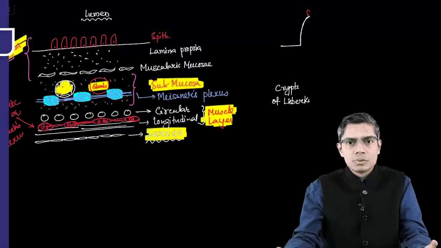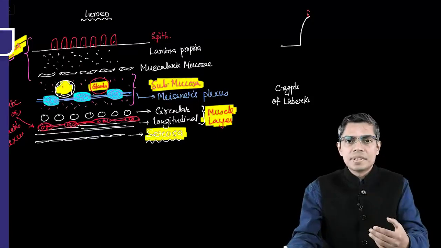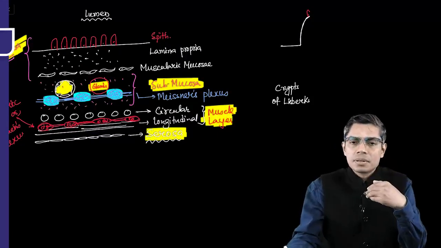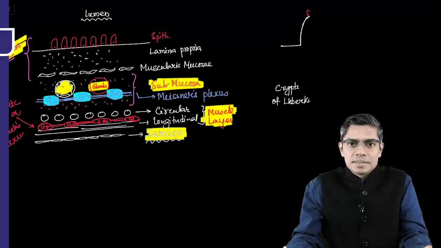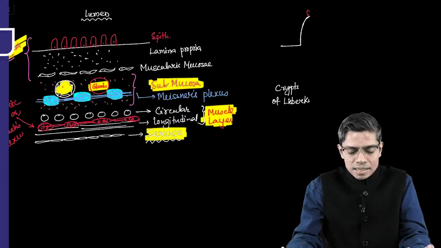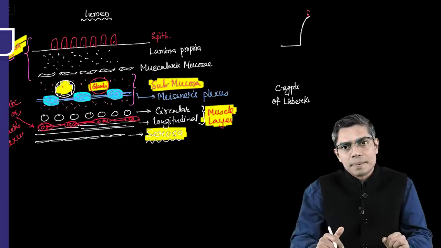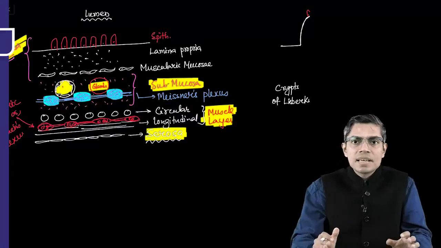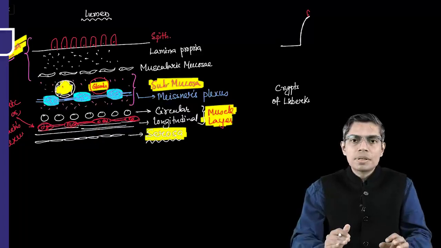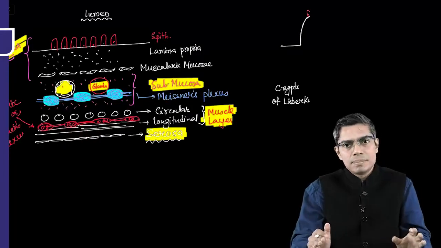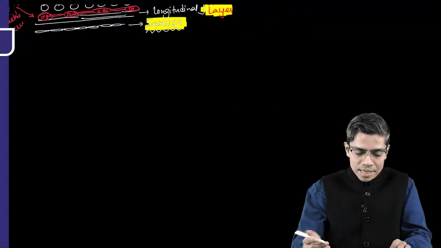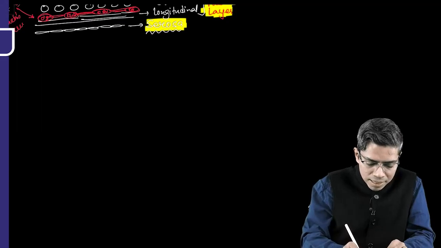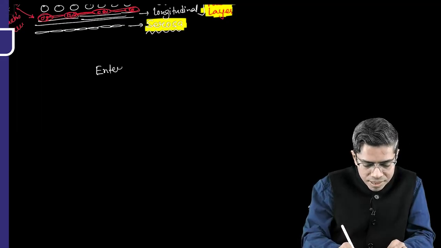It is open to the environment, and constantly the GIT is getting various kinds of antigens and external infections entering it. So the GIT requires a specialized immune system which will protect the enteric system completely, and that is known as the enteric immune system, right?